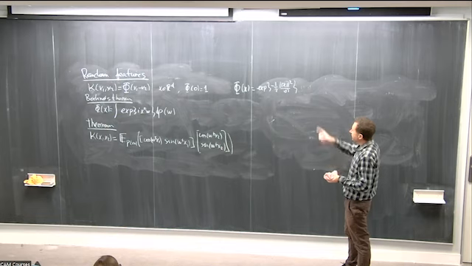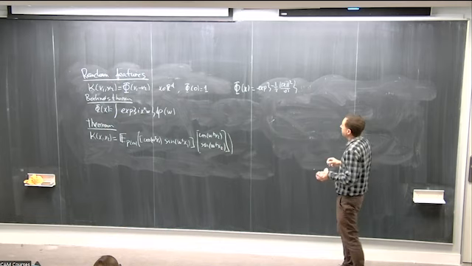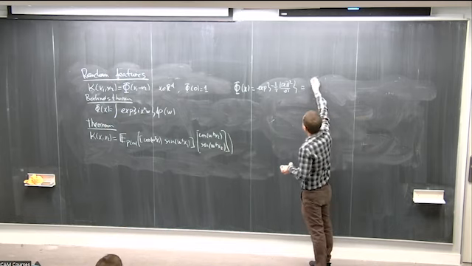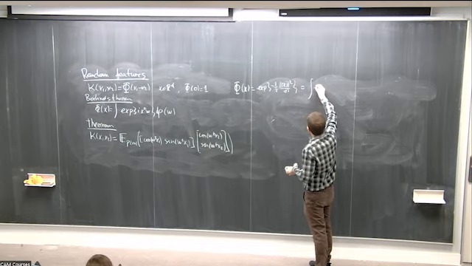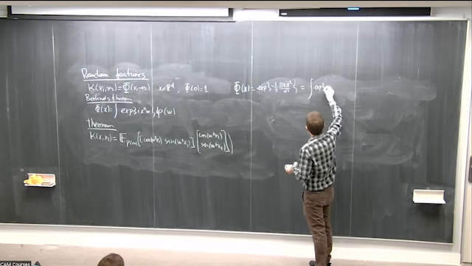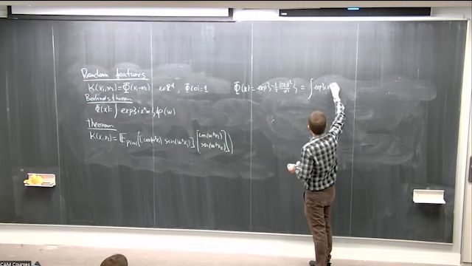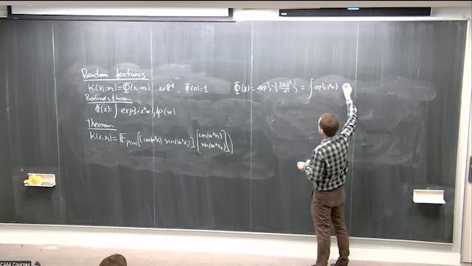So the Gaussian kernel corresponds to this function, and then this function is the integral of the exponential in here.